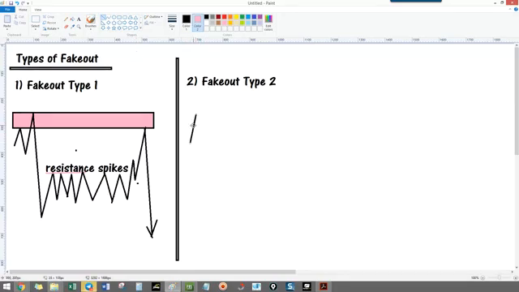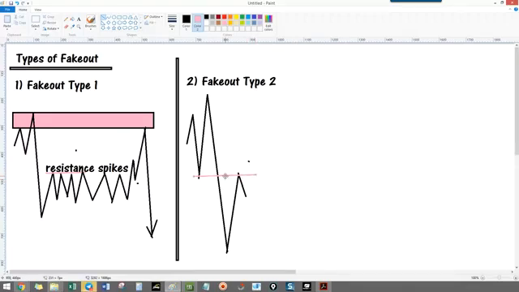Okay, we have a QM here, for example, 1, 2, 3, 4. Okay, you have your flip here, your SRF.